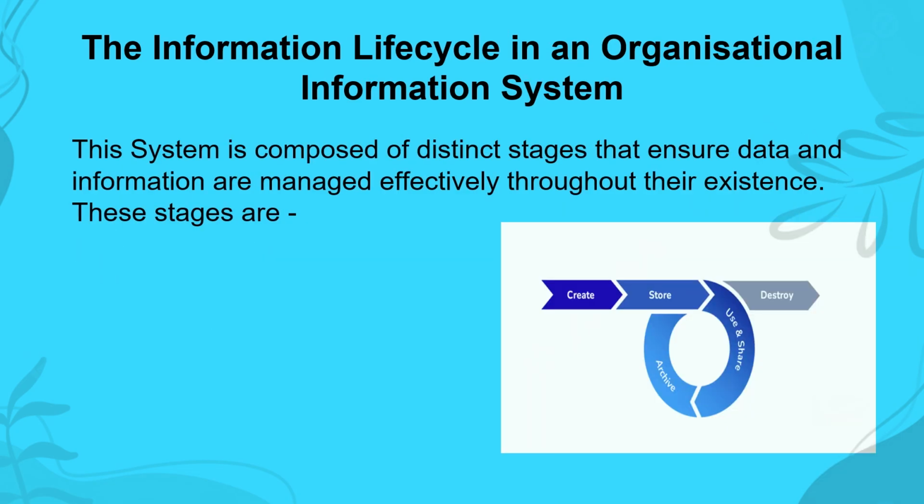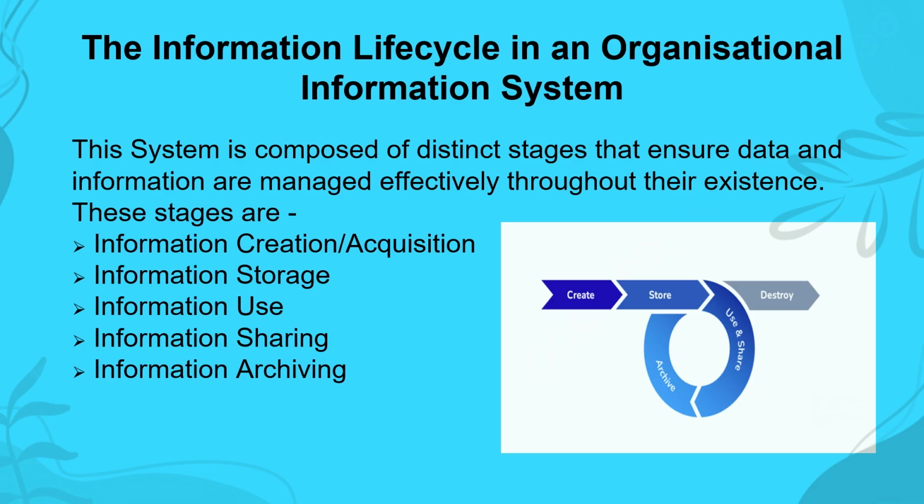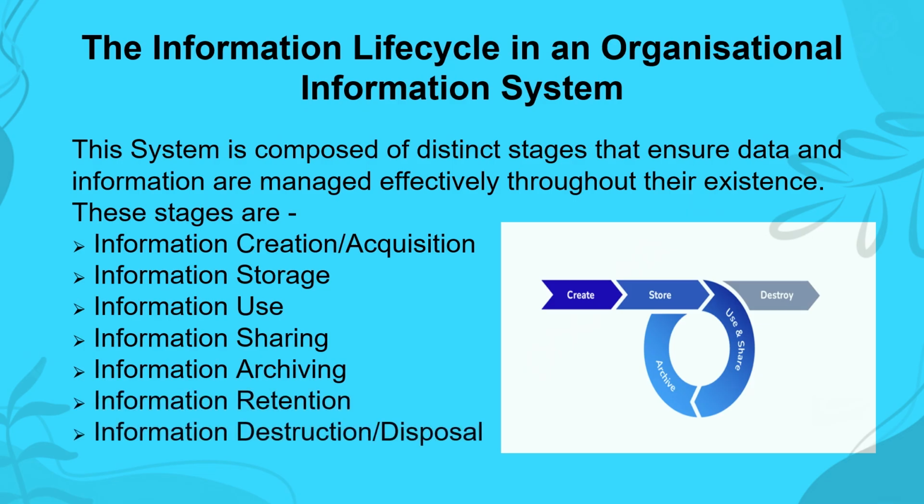This system is composed of distinct stages that ensure data and information are managed effectively throughout their existence. These stages are creation or acquisition of information, storage of information, information use, sharing of information, archiving of required information, retention, and finally disposal of non-required information.